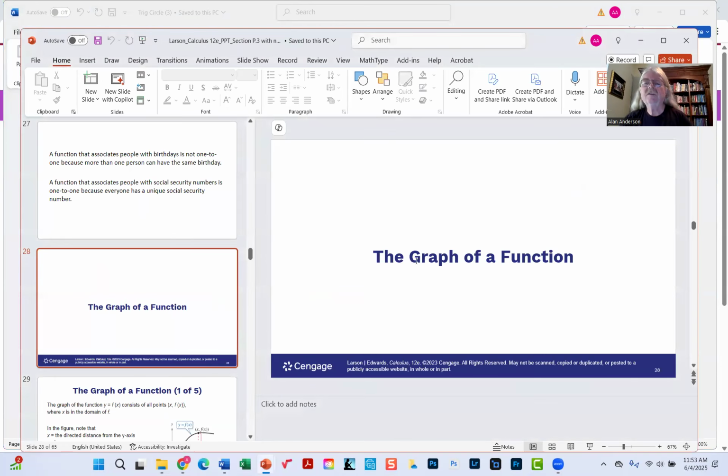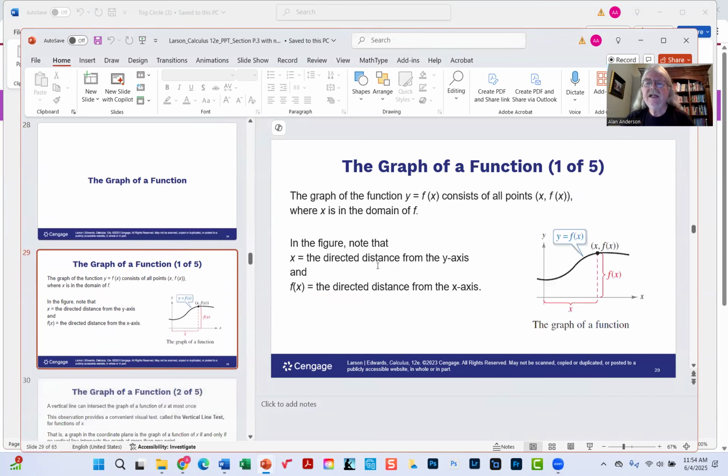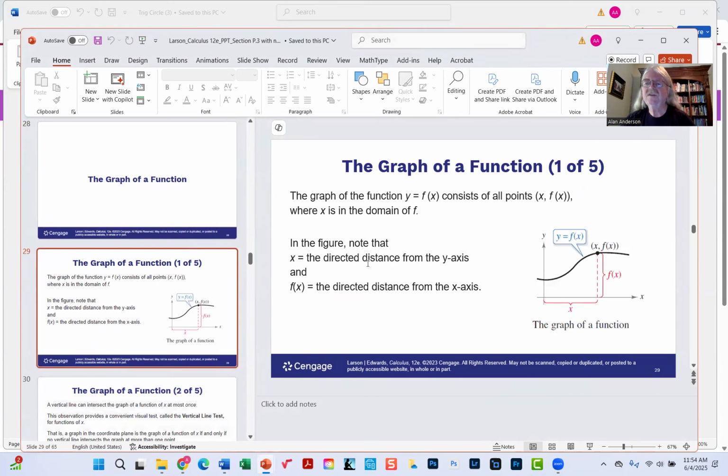We're going to be reviewing graphs, and of course we've seen many graphs. Here they're pointing out that the point they've chosen, x comma f of x, shows us that the x-coordinate gives us the horizontal distance from the origin, and the f of x is the height from the x-axis. This is how graphs work.